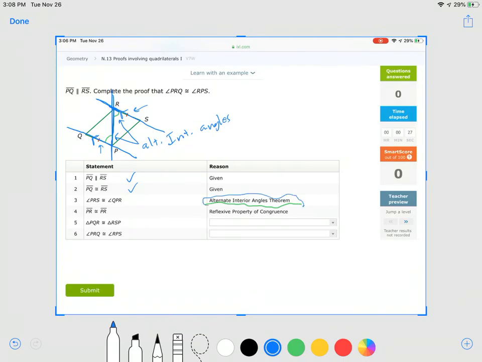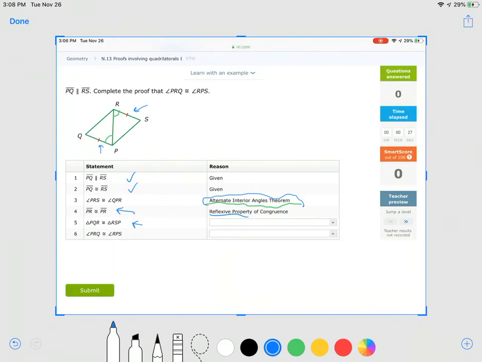Okay, PR is congruent to PR. That's line 4. That's because that's what we call the reflexive property of congruence. Line 5 is a statement about the triangles. So let me erase some of this transversal stuff that I had. Let me erase the parallelism.